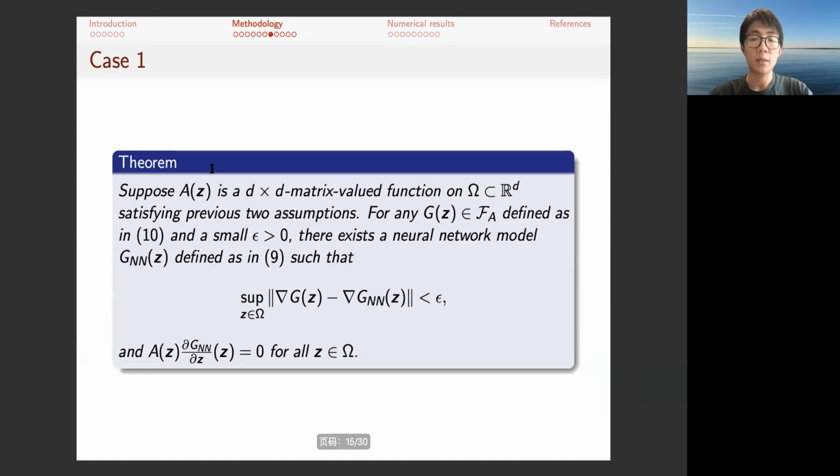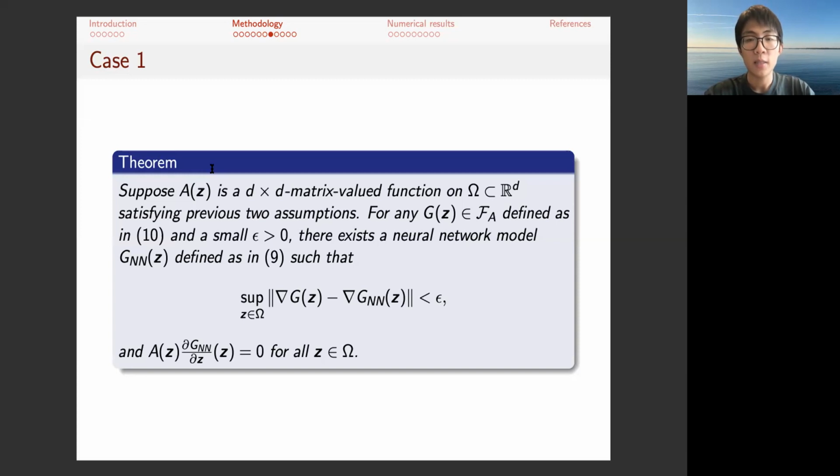And we show that our neural network is actually universal in that function space, in the sense that suppose A is a d by d matrix valued function, and for any G defined through our neural network parameterization, assume that G lies in the function space F_A.